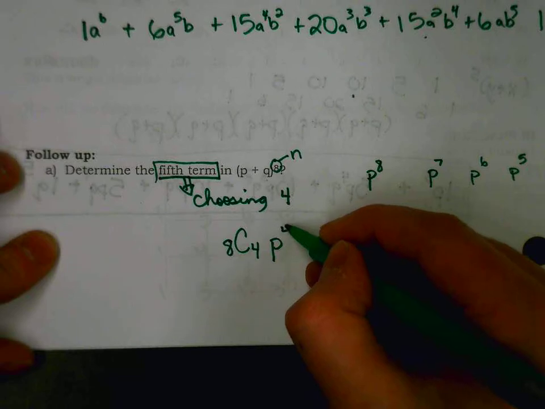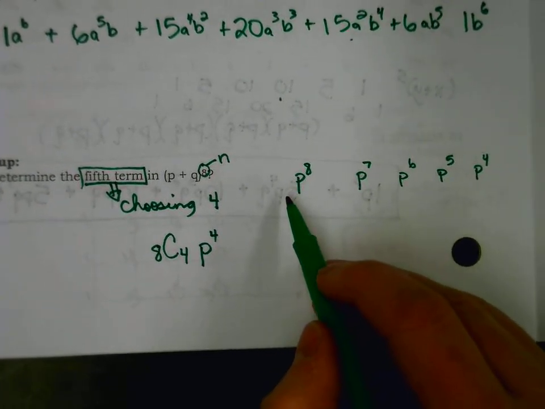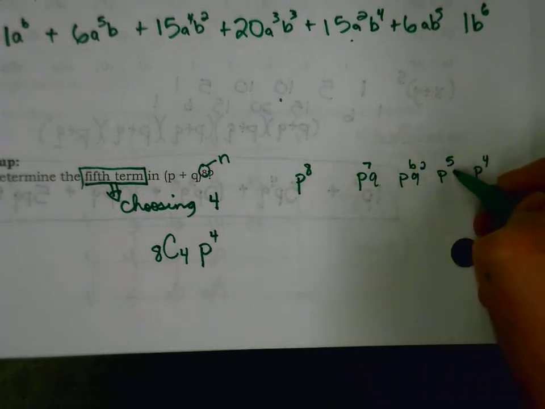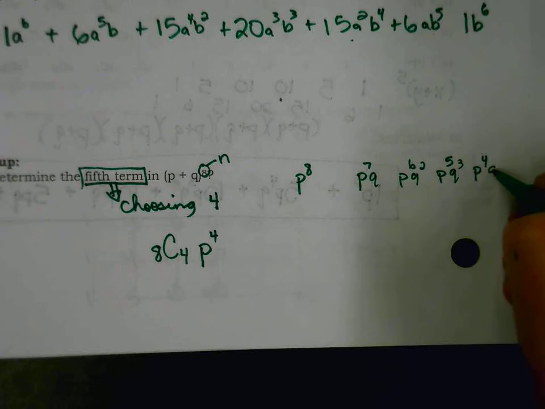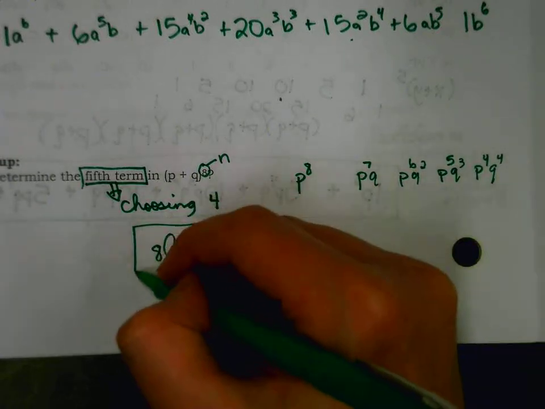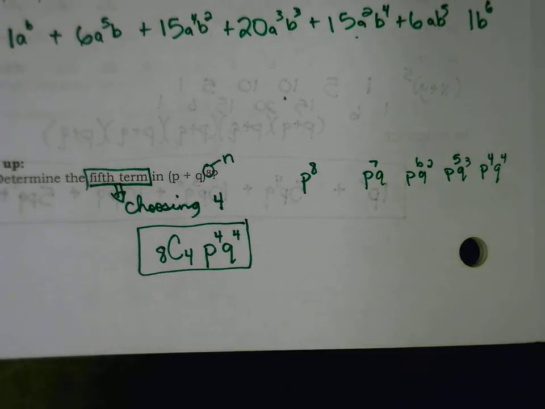I'm going to have a p to the 4, and then I know that my q's are going to ascend from q to the 0, q to the 1, q squared, q cubed, and a q to the 4. So p to the 4, q to the 4, this should generate for me our value.